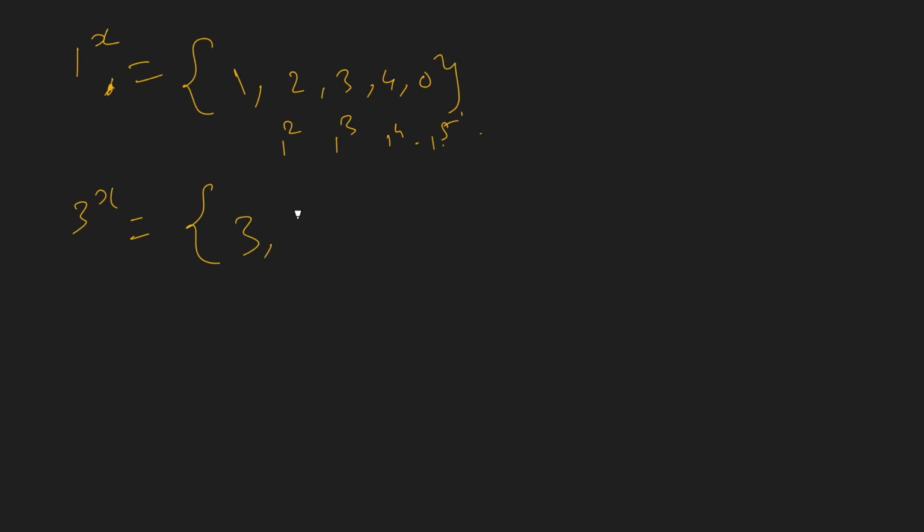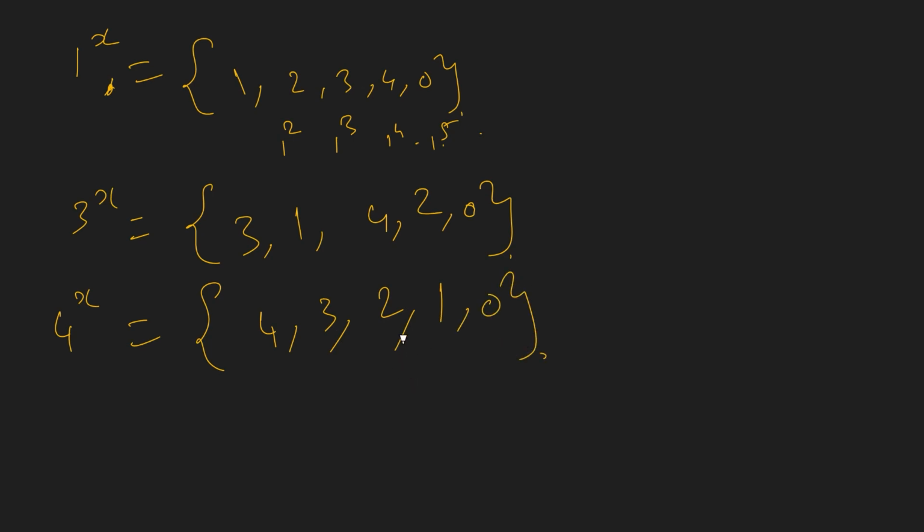It will be 3, 1, 4, 2, because you only care about the remainders. And similarly, 4 also will generate the entire set. So it will be 4, 3, 2, 1, and 0.